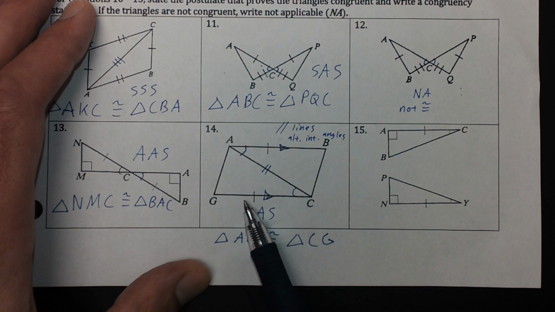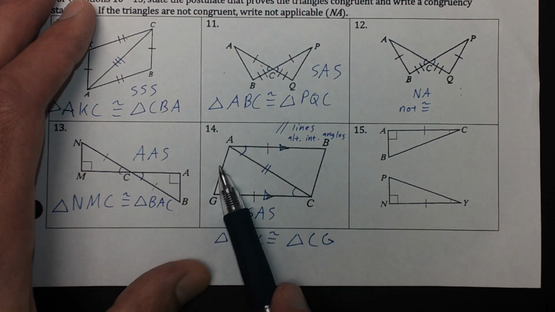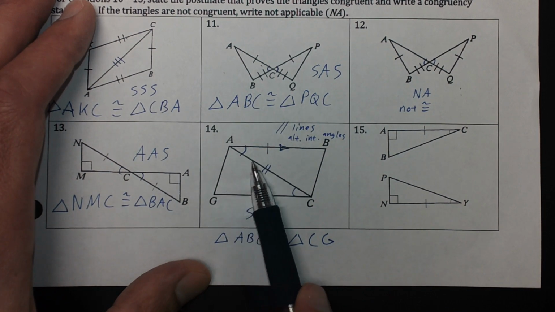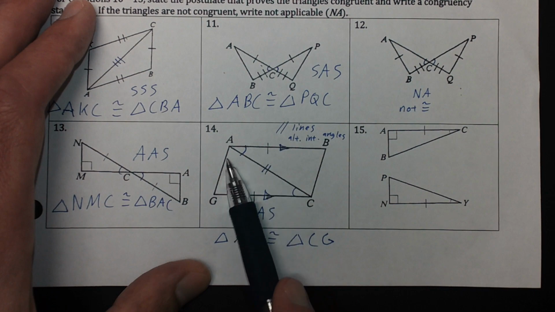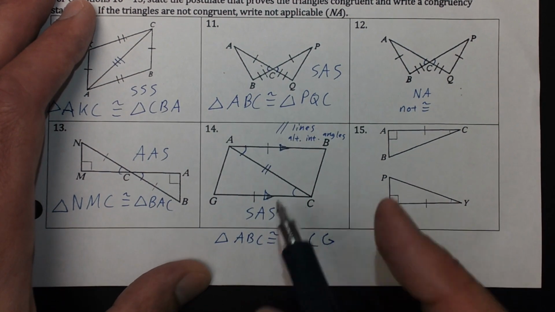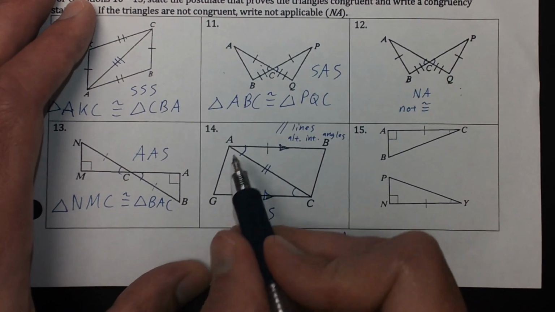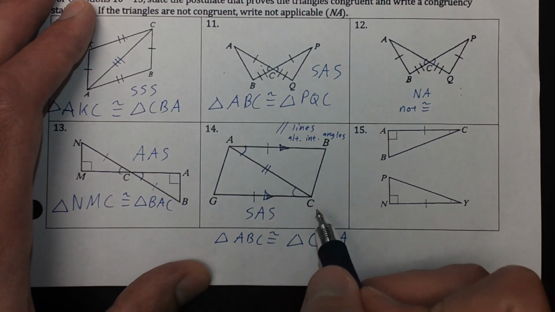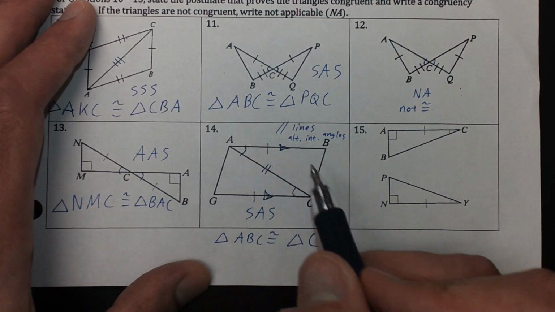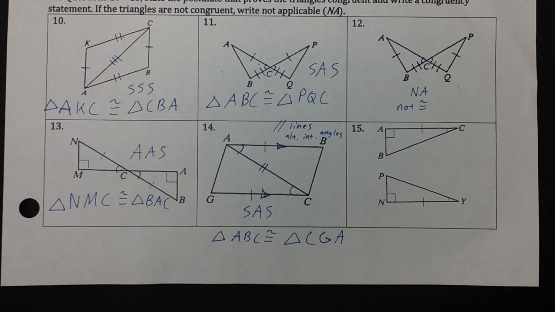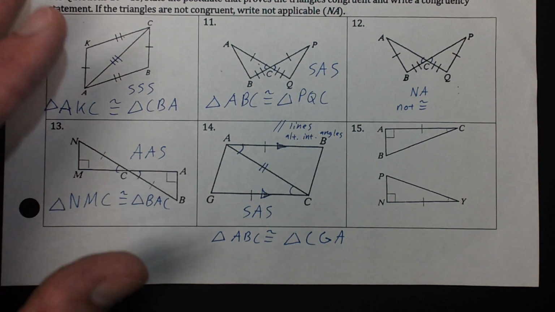So in the other triangle, between the no arc and the double slash, that is A. So A, B, C, and C, G, A. You have to be pretty careful on these. If you don't take your time, you might end up missing them, which is kind of a pity because these are not hard problems otherwise.